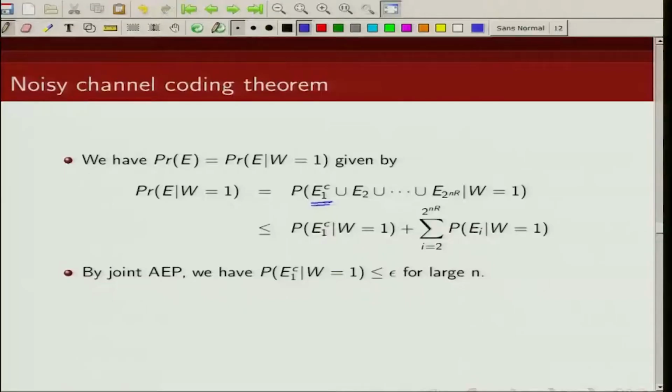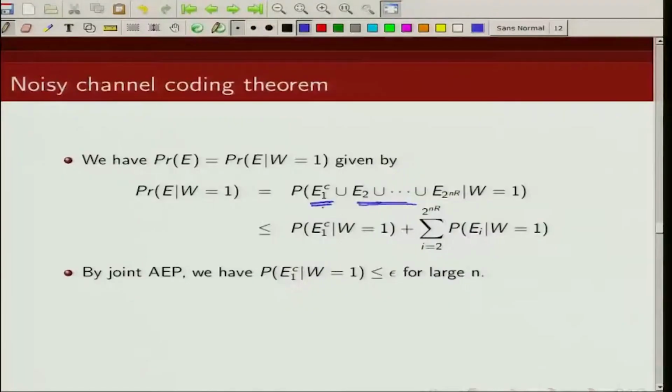So an error will happen if the complement of event E1 has happened, or an error can happen if any of the other indices which were not sent is jointly typical with the received sequence Y^n. So for example, if Y^n is jointly typical with X^n(2) or X^n(3), then there is an error because index 1 was sent.